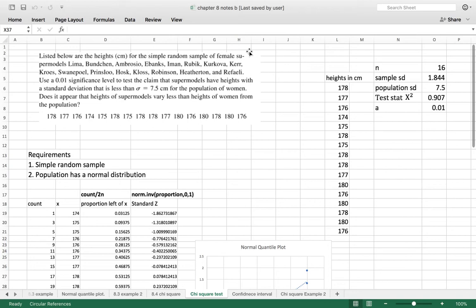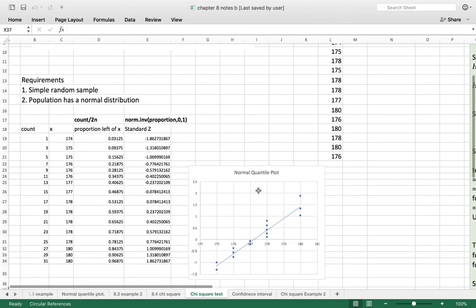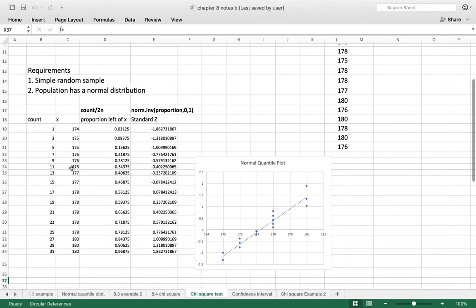Okay, well, our requirements, this does say that it's a simple random sample, so that's good. But we need to know also the population is normally distributed. We can do that with a normal quantile plot. So I'm going to take my data from my list and sort it from least to greatest. This is in my column C here, my X column.